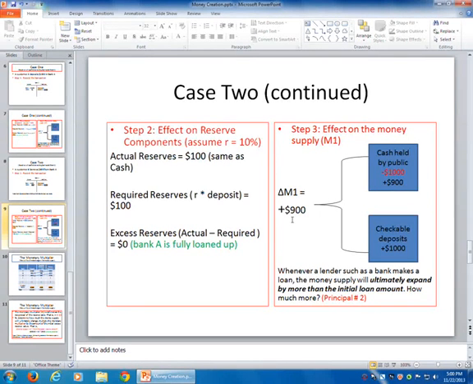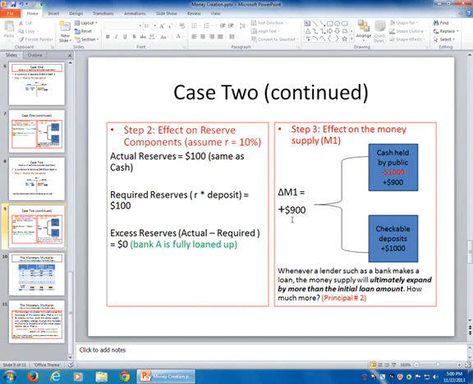Dillard's would then take that $900 as part of its nightly deposit and deposit it in its bank. And once that $900 hits Dillard's bank, it will be split. 10% of it will go into Dillard's bank's required reserves, and the difference would go into Dillard's bank's excess reserves.